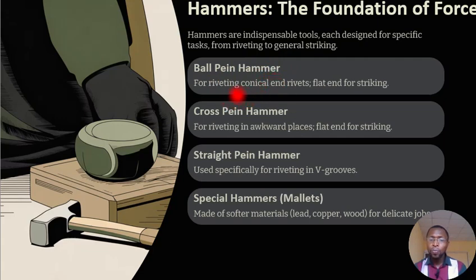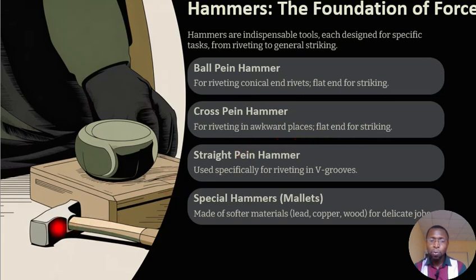This one is for riveting conical end rivets, flat end striking. So if you want to strike objects that are conical in shape, it is best to use this ball peen hammer. We have the cross peen hammer too. It's used for riveting in awkward places, flat end for striking too.